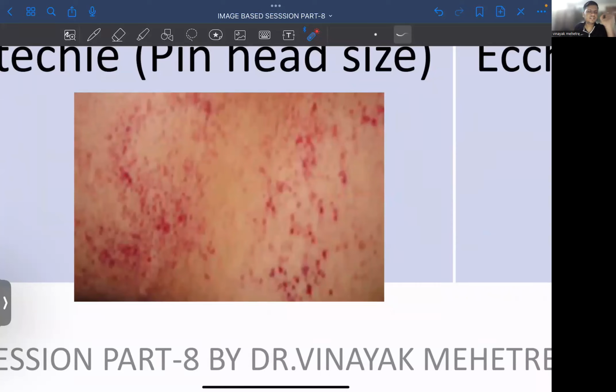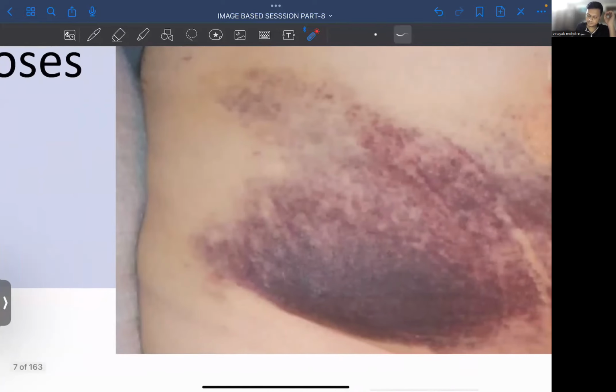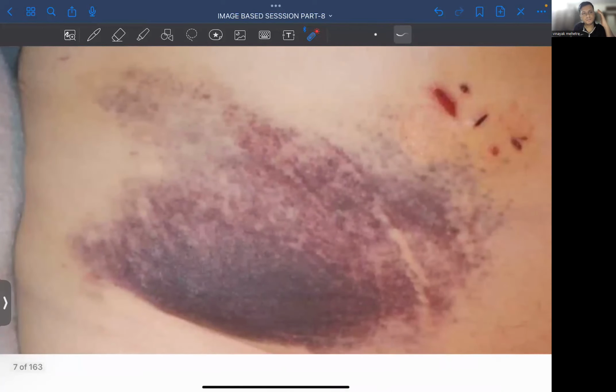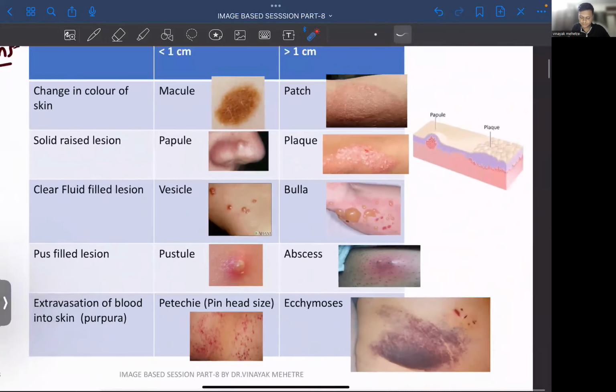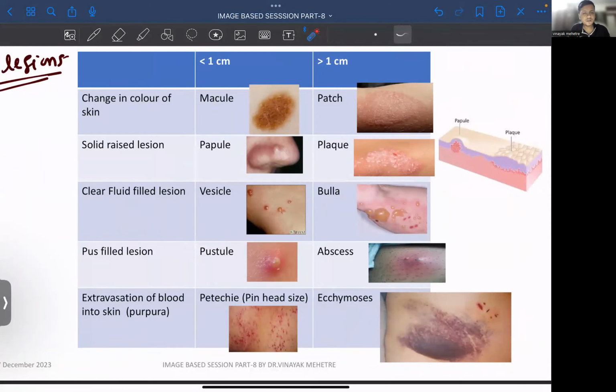This is called petechiae. When you make a medico-legal case, that time we will write down this. Those small red dots are called petechiae, pinhead size, right? But if there is extravasation of blood more than 1 centimeter, it will be called ecchymosis. Okay, basic hai, and if you are thinking questions do not come from this, sorry, questions do come from this.